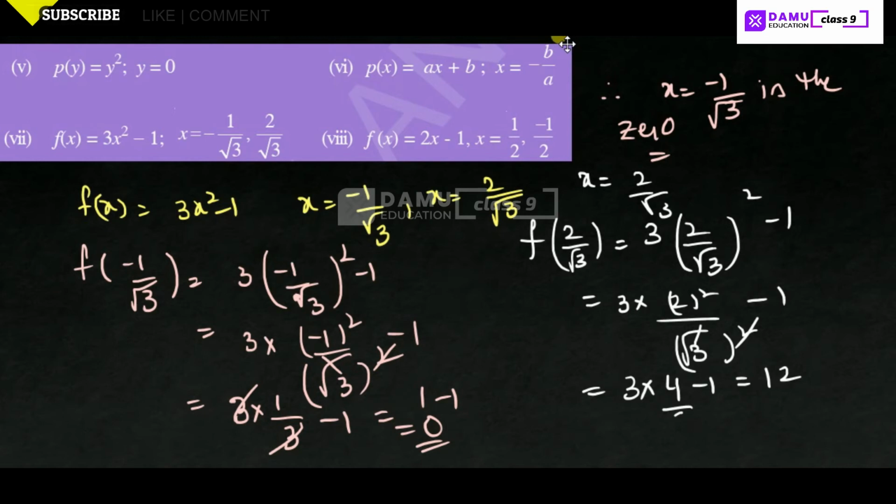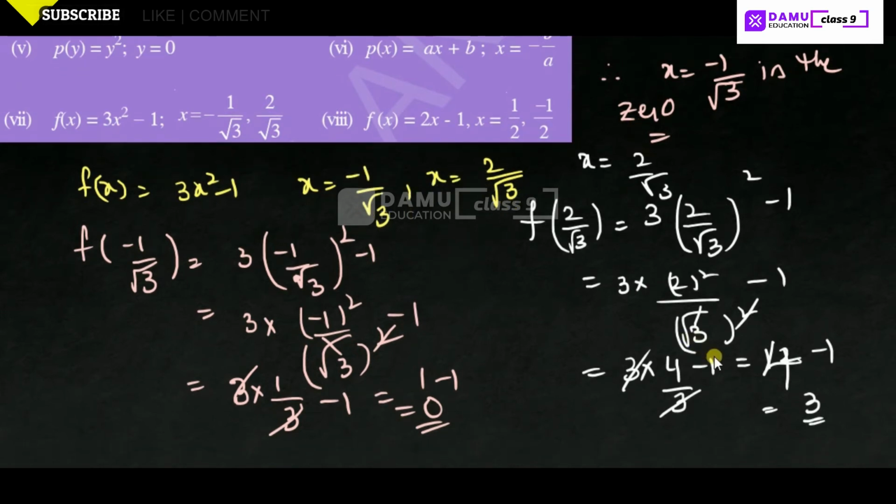Here 4 by 3 we will get 4 by 3. So 3 will cancel here. Then what you can take, 4 minus 1, that is 3 we will get. Then what you can say here is x equals 2 by root 3. This is not equal to 0. So x equals 2 by root 3 is not a zero. Like that we need to solve.